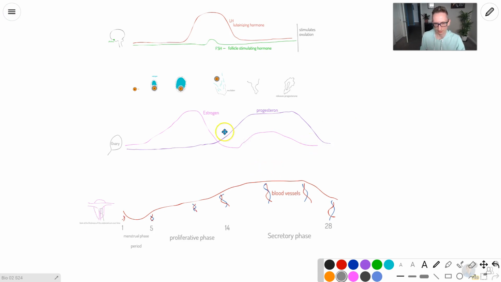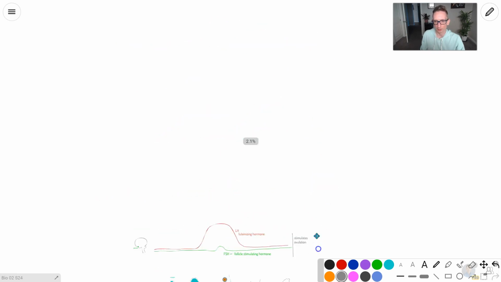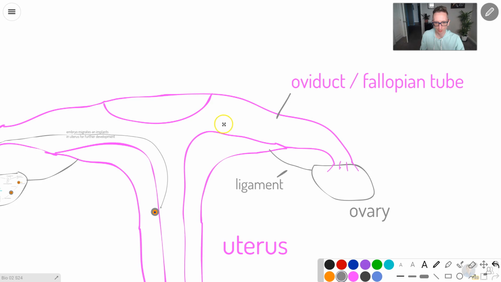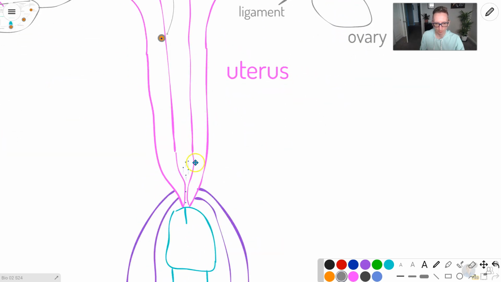Oh, I guess this. Ovulation occurs at about 14 days, about midway through your menstrual cycle. And another little thing, this does kind of have to do with birth control, but it's okay. Sperm can survive about 5 days in the vagina, or in the uterus.